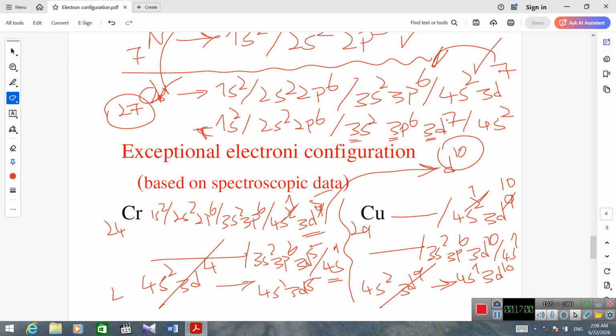Let me have an overview of this session. There were two important things. One of them was quantum numbers n and l.